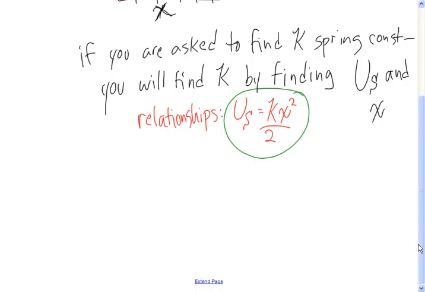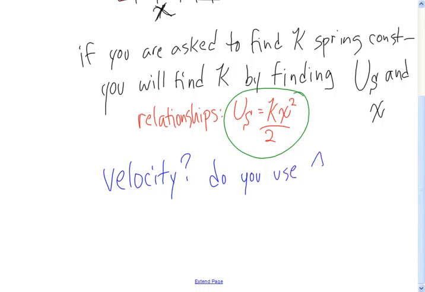If you're asked about a velocity, are you going to use the definition of velocity, delta x over delta t? Probably not. Where will you find a velocity in energy land? Use kinetic energy. That's right.